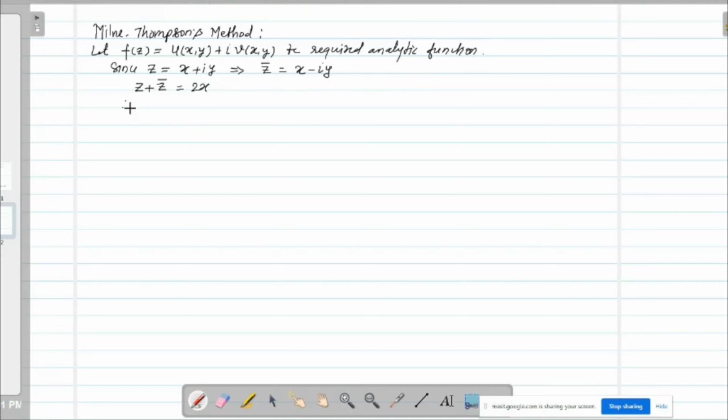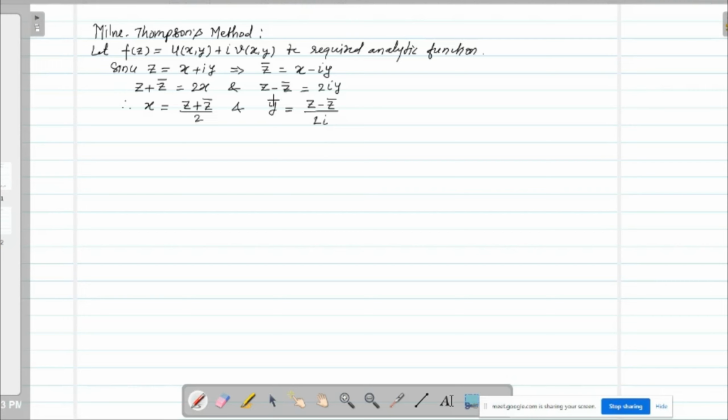So this implies x is equal to (z plus z bar) divided by 2. Subtracting, z minus z bar equals 2iy, so y equals (z minus z bar) divided by 2i. So x equals (z plus z bar)/2, and y equals (z minus z bar)/2i.